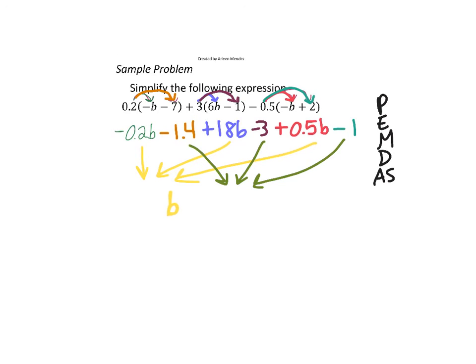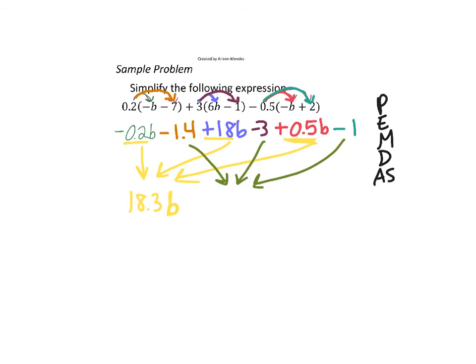So we keep the b, and then we add or subtract the coefficients. So negative 0.2 plus 18 plus 0.5 comes out to 18.3.